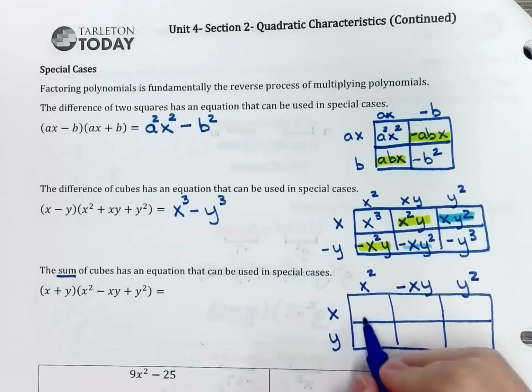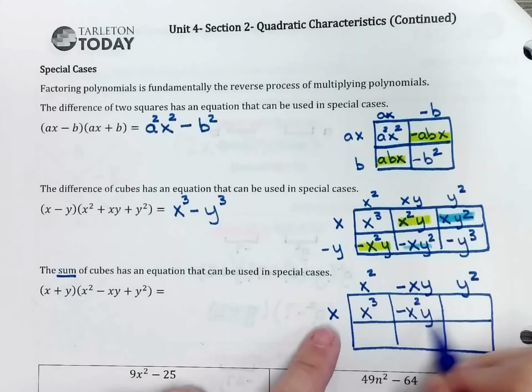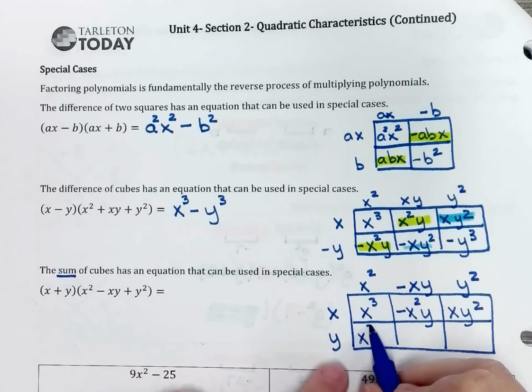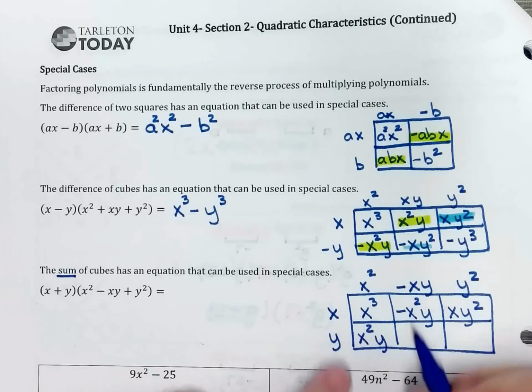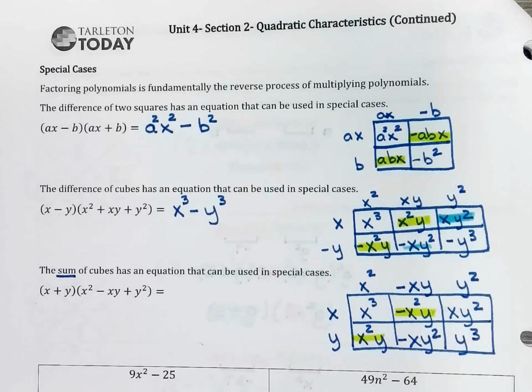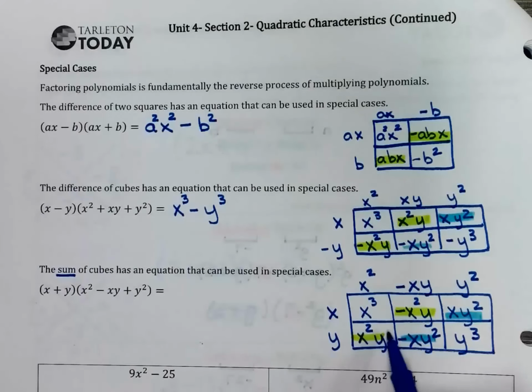Okay, multiply. I'm just going to go a little faster on this one because you already know how to multiply. And same idea, we will combine like terms. These two add up to 0.